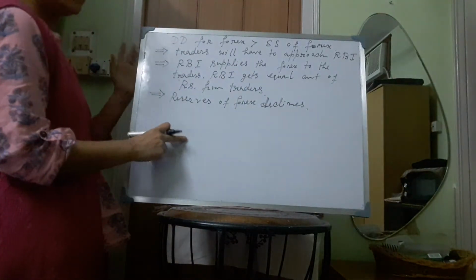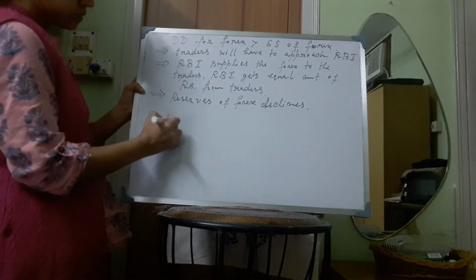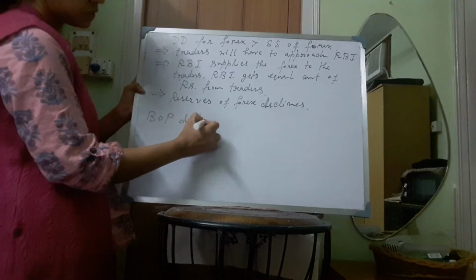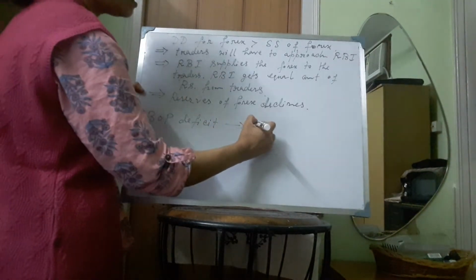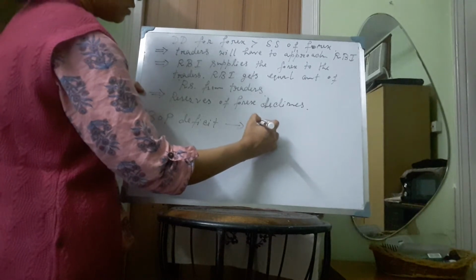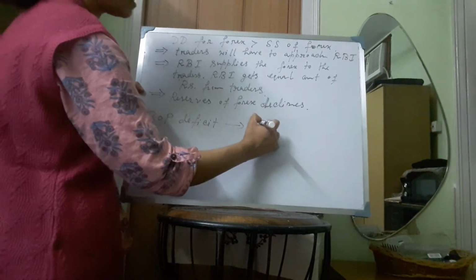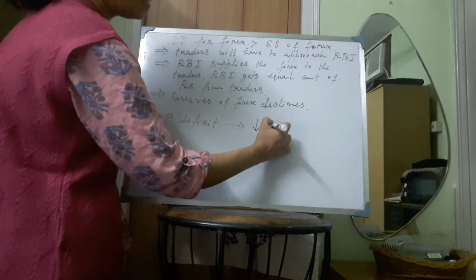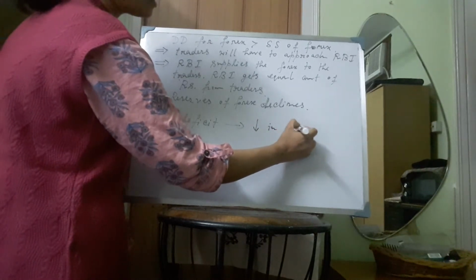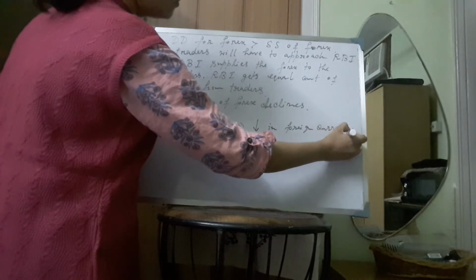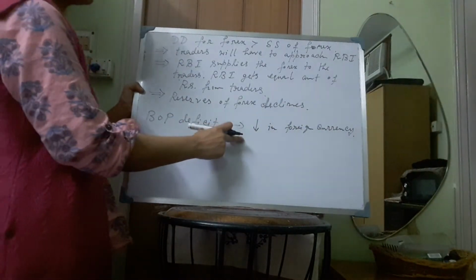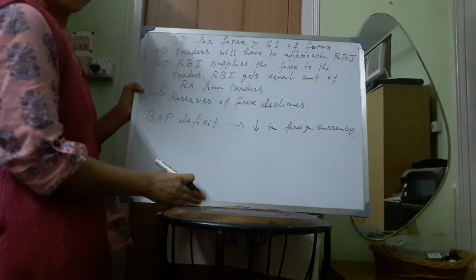So if we start with a BOP deficit, then that implies the total reserves of the foreign currency decline. So BOP deficit implies decline in foreign currency in the economy.